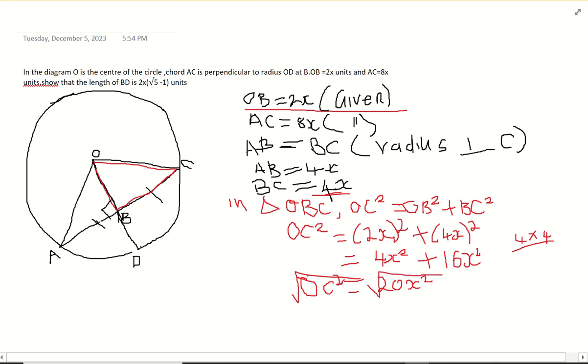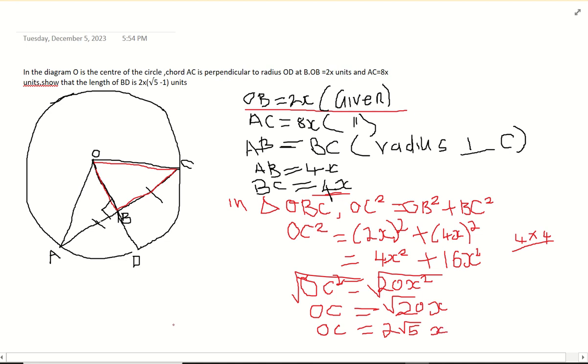Then this will cancel out and we'll be left with OC. If you want me to show you how the square root and the square cancel out each other, I'll make a video on that. On the right hand side we'll be left with the root of 20x squared. Then OC will be equal to the root of 20x. If you press your calculator, it will give you 2 square root of 5x.